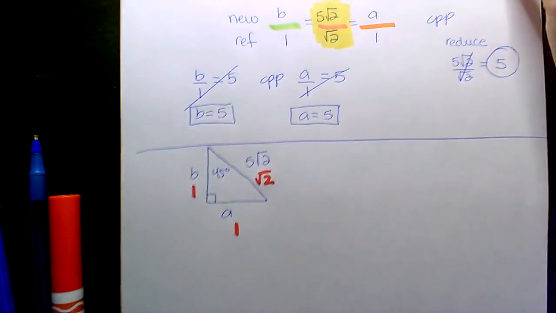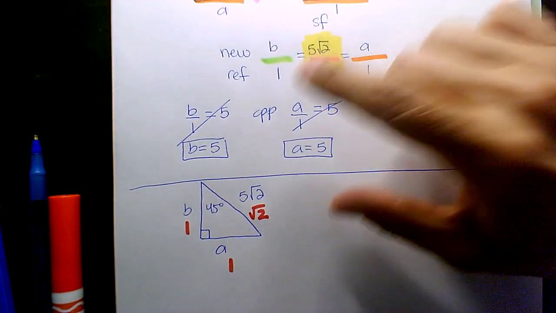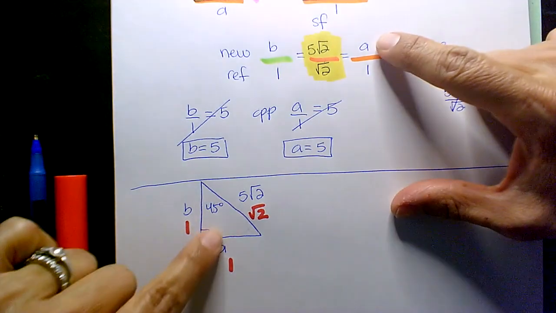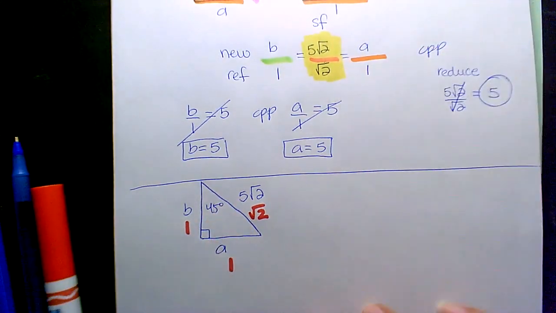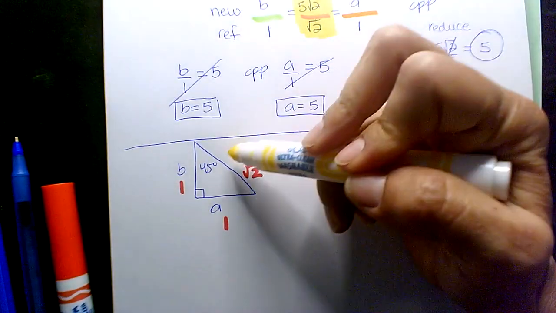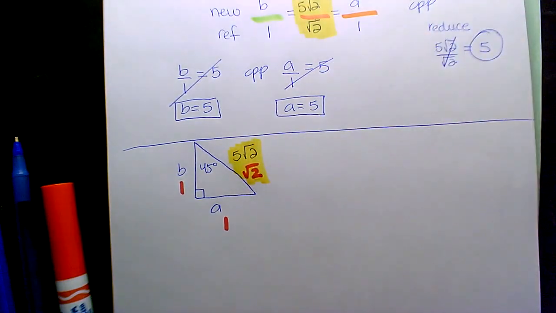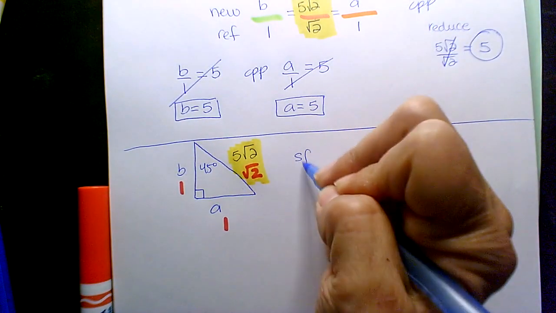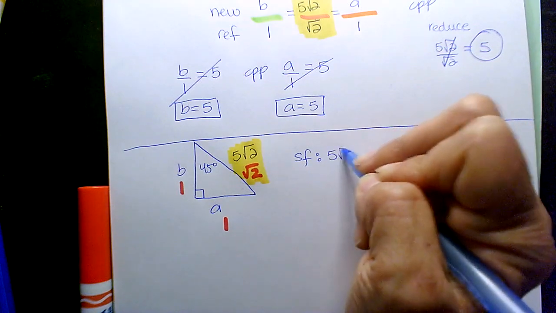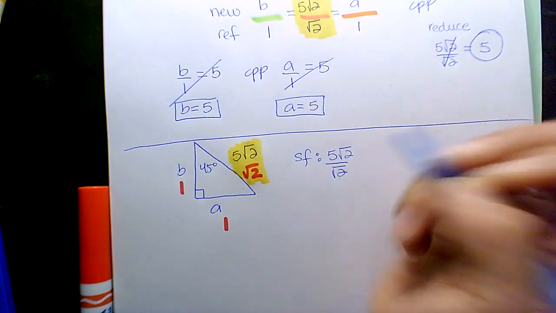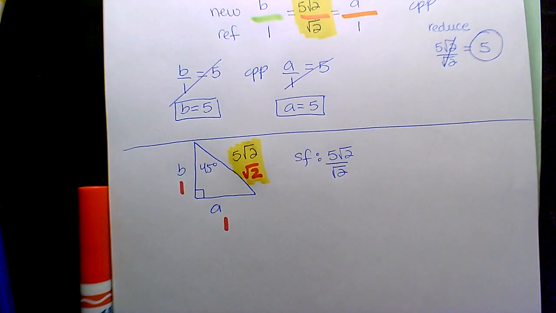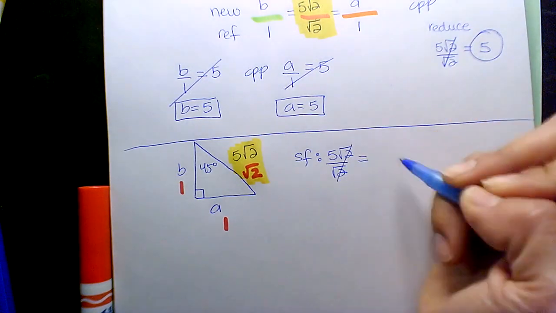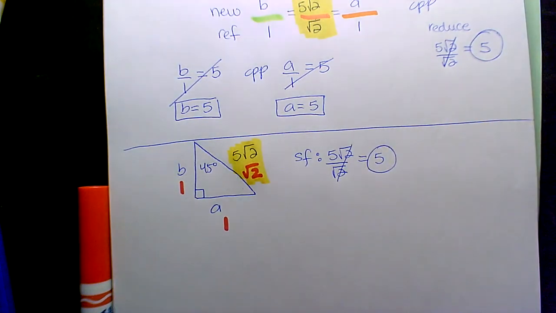You're looking at these like your statement of proportionality, B over 1, A over 1, 5 rad 2 over rad 2. This is my scale factor. It's the side with 2 numbers. To find the scale factor, you create a ratio. So what's 5 rad 2 over rad 2? 5, we already agreed to that.